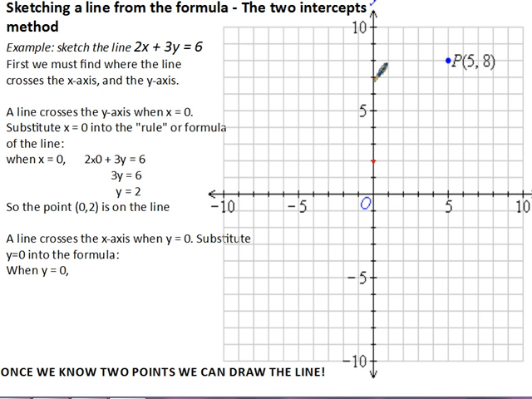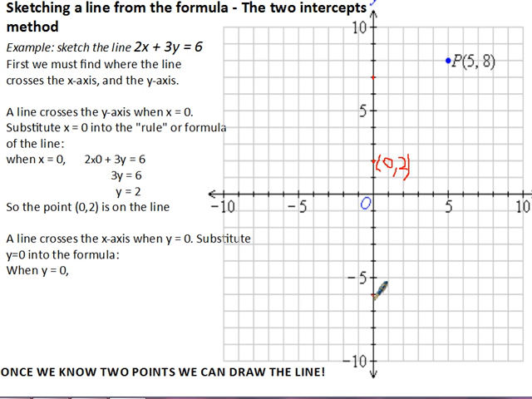So I'm just choosing two random points on the y-axis. If I find the coordinates of that point, it's going to be (0, 2), and if I find the coordinates of that point there, it's going to be the point (0, 7).